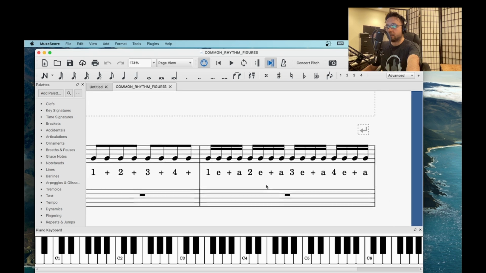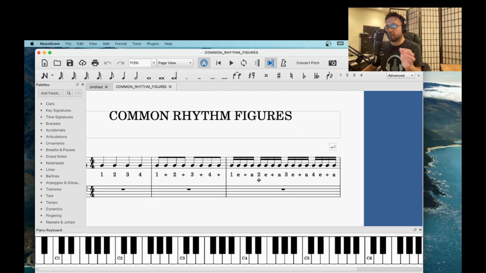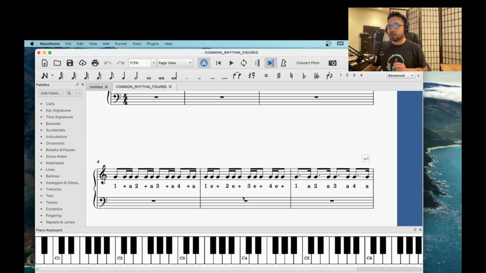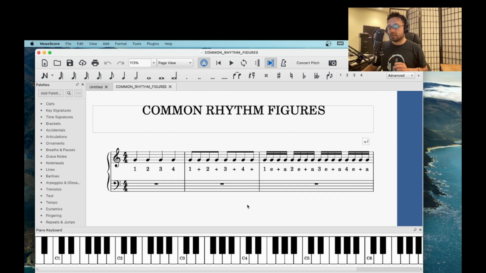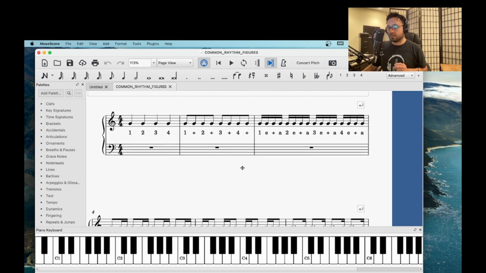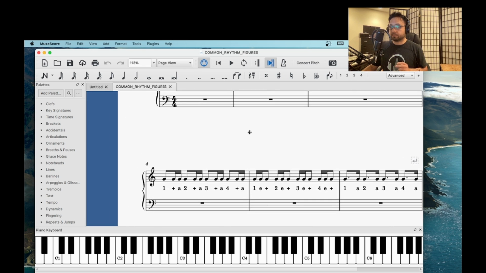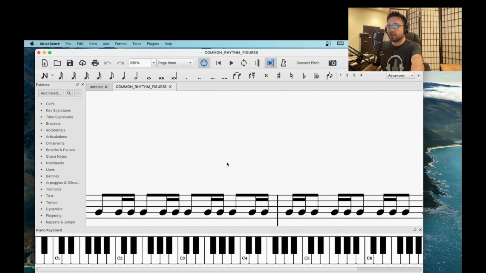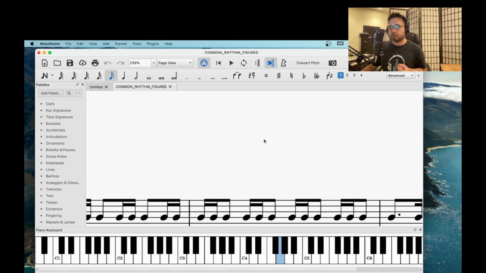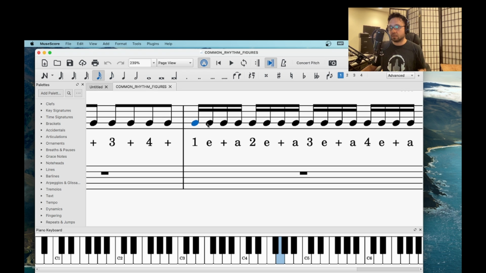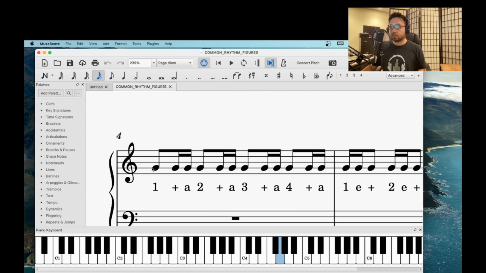Now, these are our basic subdivisions, but we can have combinations of 8th and 16th notes inside the beat. The first one that we're going to see next is this one. We know that an eighth note is the same as two 16th notes. So what we're doing here is taking two 16th notes and combining them in one eighth note.